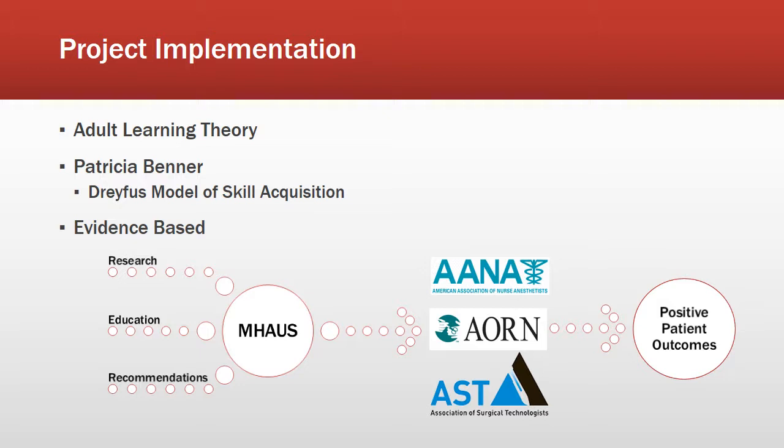The adult theory applies here because all the members of the staff are adults, and Patricia Benner's nursing theory applies because the collective level of education and the amount of experience varies in this department.